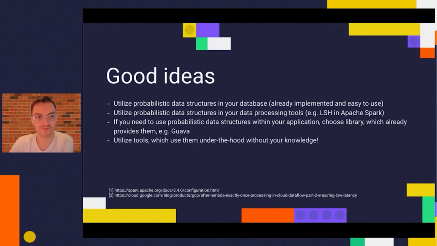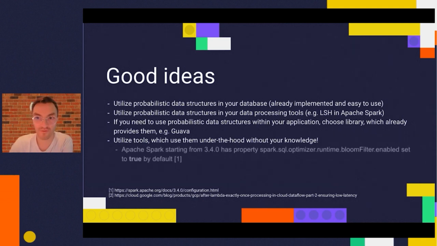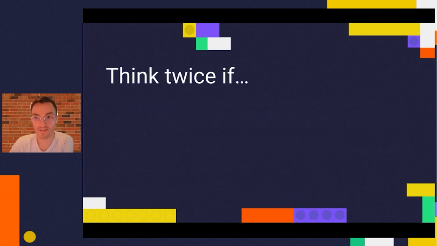And also utilize tools which use probabilistic data structures under the hood without your knowledge. For example, Apache Spark from 3.4.0 has the Bloom filter enabled property set to true by default, and you will be pre-filtering your joins using a Bloom filter without knowing that. And also Google Dataflow utilizes Bloom filters.